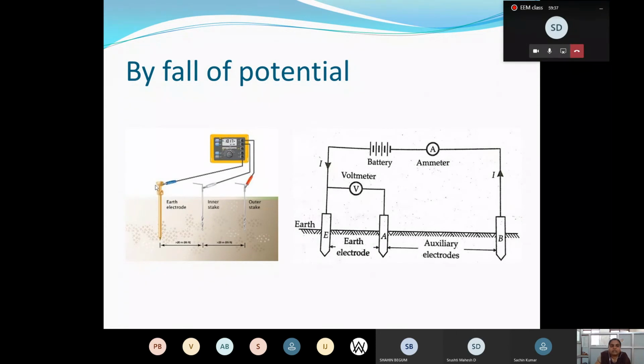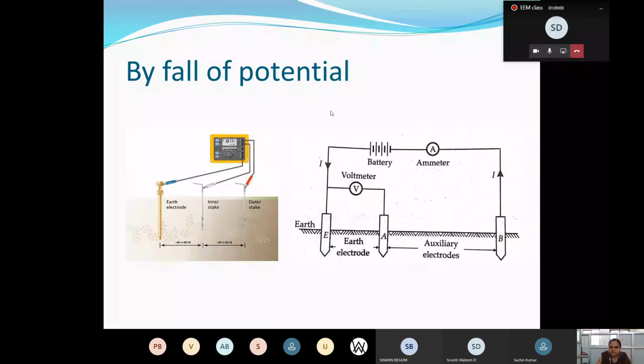One, I hope you remember, we connected to the earth electrode where it is already buried. Then one more wire, a cable is taken, and in between one electrode and the other, we take three different positions on the electrodes. This is how the construction is.